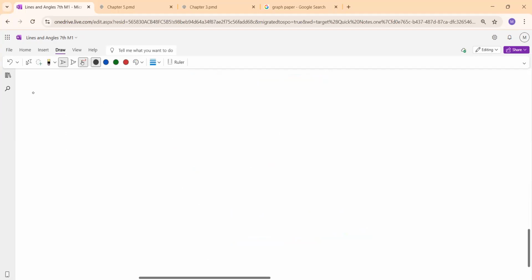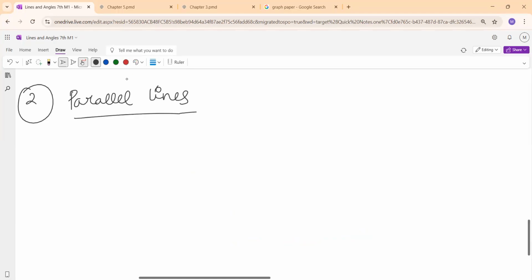The second type of lines is parallel lines. What are parallel lines? Let me first draw and show what it is. Which parallel lines are these?